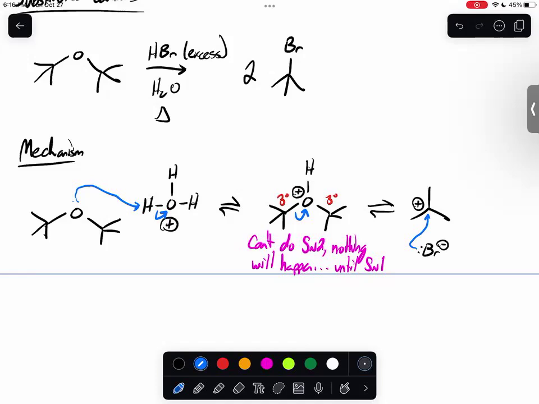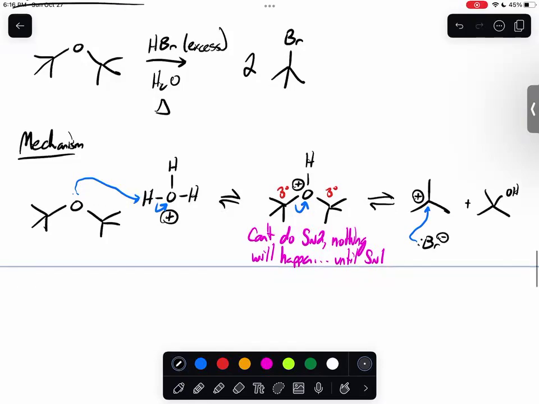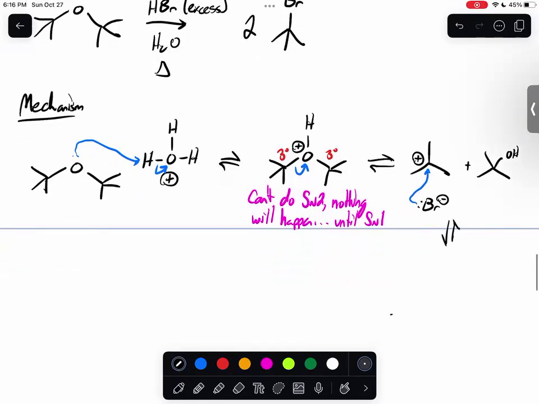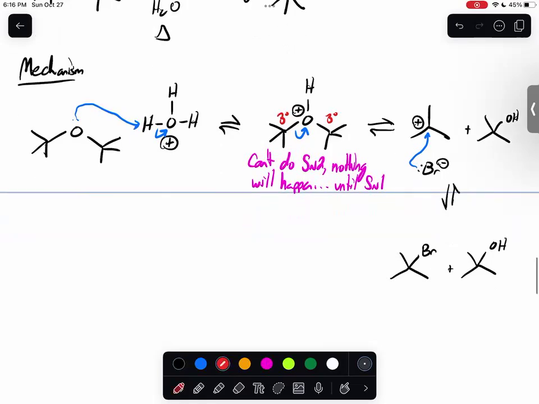And then the leftover other part of this, which is that tertiary alcohol, it can just do it again, right? Because from here, we have generated one equivalent of the tertiary bromide, but with that excess acid, this guy is still reactive.